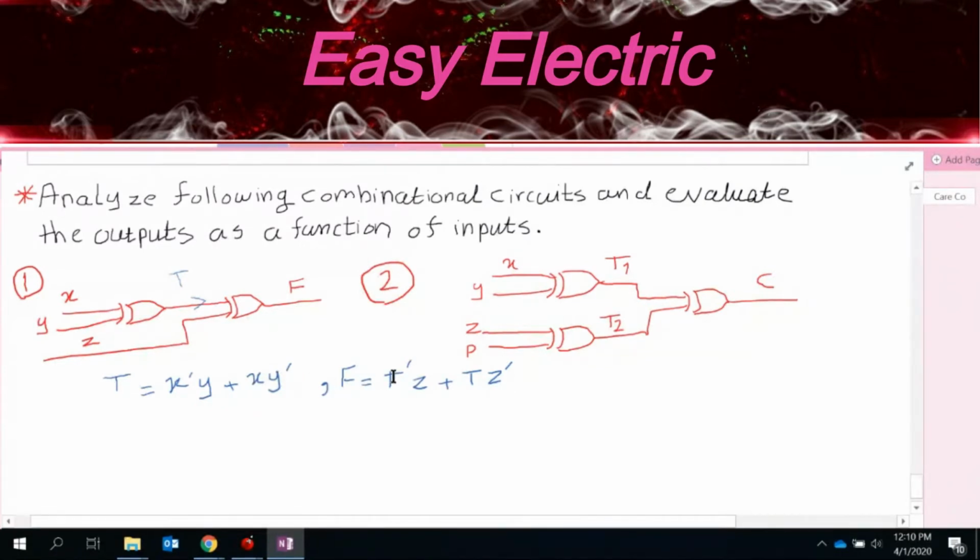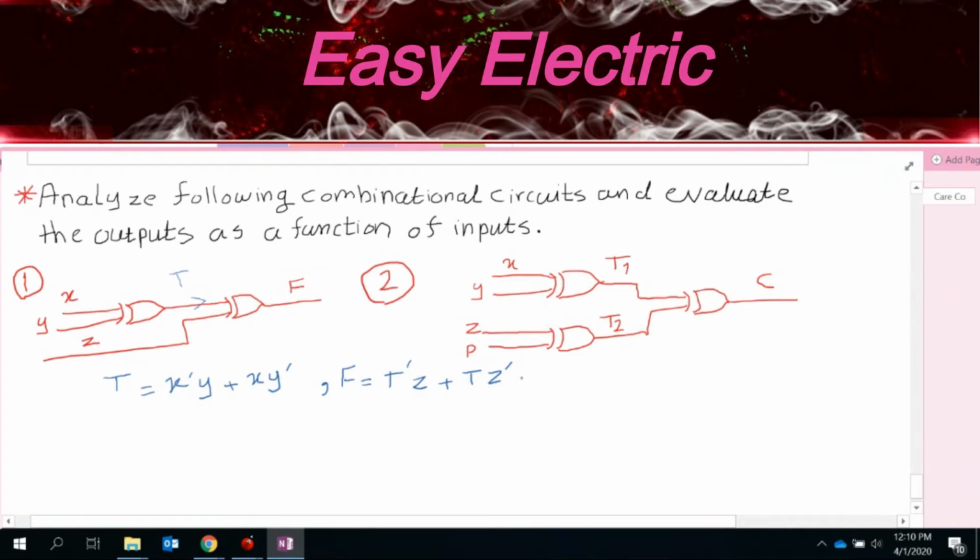So I'm going to replace T with what I have here, which is X prime Y plus X Y prime. Then same thing here, replace T with whatever I got on the left side. Okay, so let's do that.